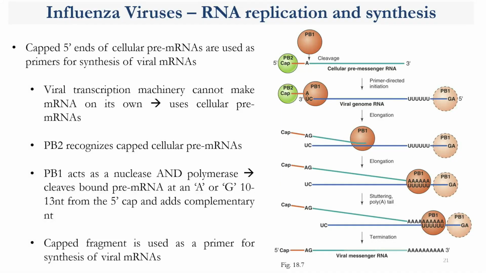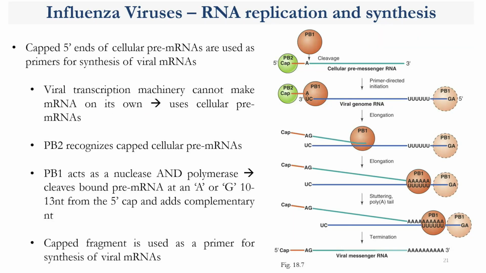That's why the mechanism is called a cap stealing mechanism. Your capped ends of cellular pre-mRNAs are used as primers for synthesis of viral mRNAs, because the viral transcription machinery cannot make mRNA on its own. So as a result, it uses the cellular pre-mRNAs.